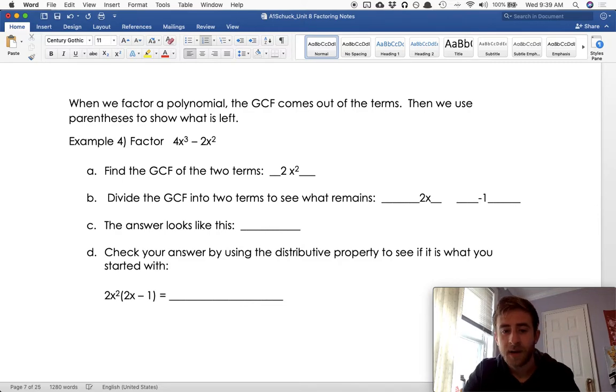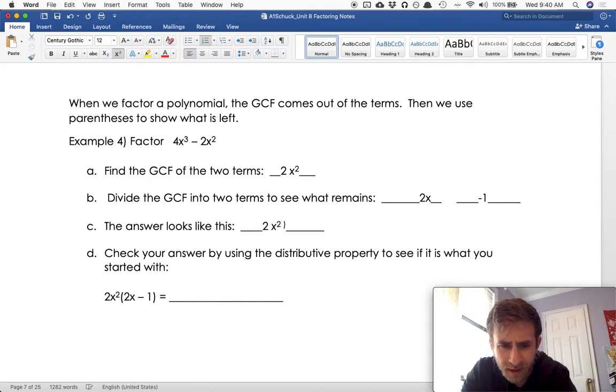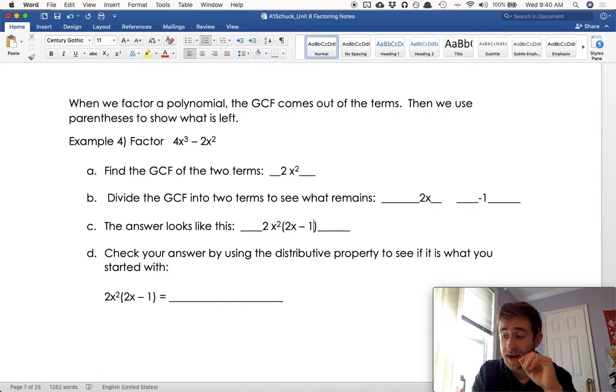You take the GCF that you divided out first and put that in front of the parentheses. And then inside the parentheses, you put the two remaining parts of the terms after you do the division. So 2x minus 1. This is what your answer looks like.